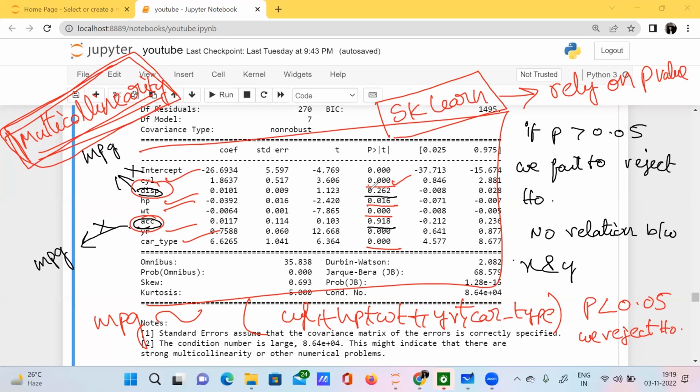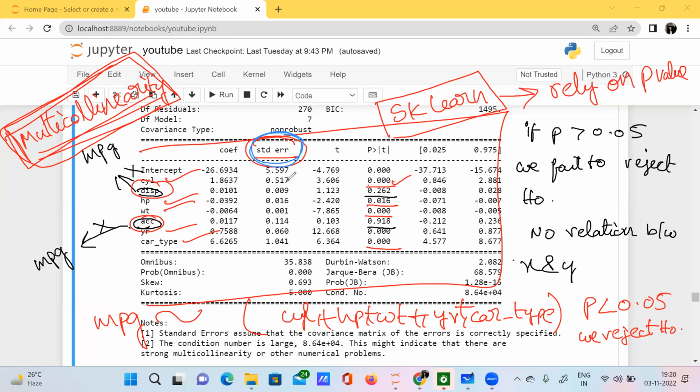Now, if you ever see this table again, I have just forgotten to explain one thing. I have already explained it theoretically, but when you look at this standard error here, this term standard error is nothing but the standard deviation. By this you can decide whether the data is tighter or bad data.